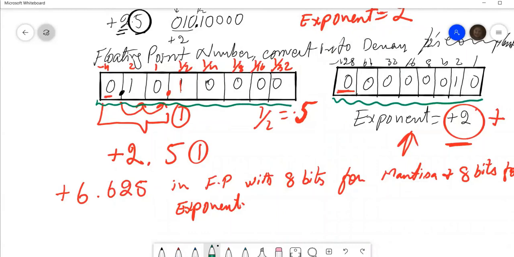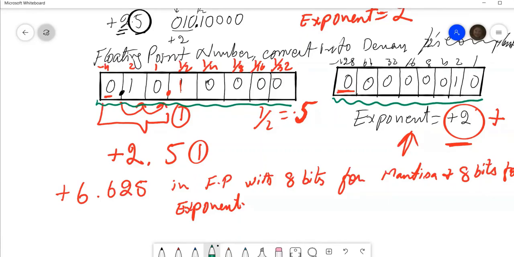So exponent is the part of floating point which tells how much to float the decimal to actually get the final decimal number back. And mantissa is the part which actually contains our fraction and the integer number itself.